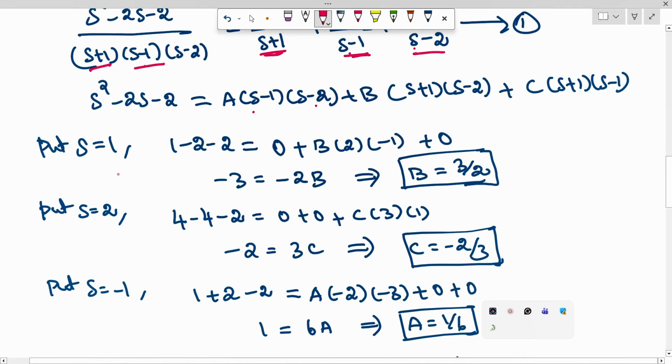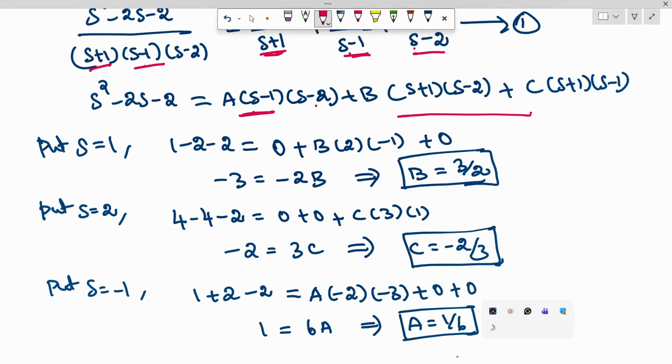Okay, now put s is equal to 1 in this equation. If we substitute s is equal to 1 in this equation, the first term will be 0, and the third term also will be 0. Now we are going to rewrite the equation by putting s is equal to 1. Left hand side s square minus 2s minus 2.